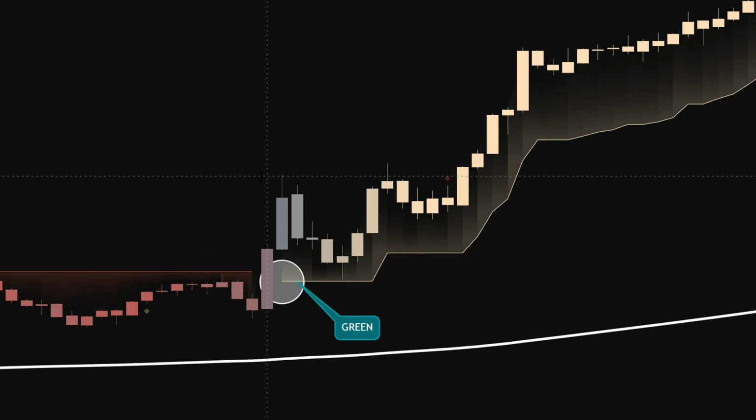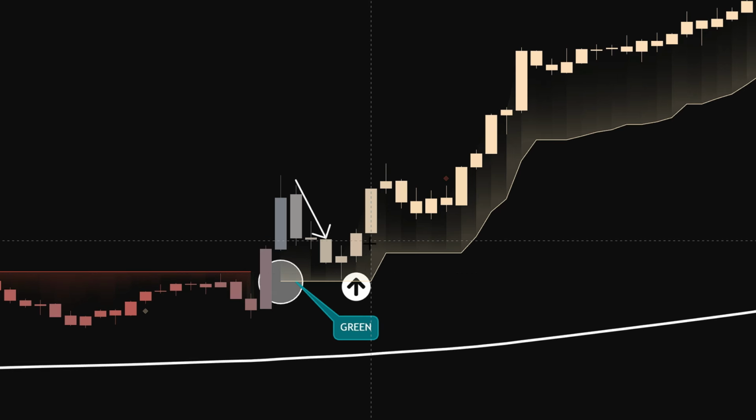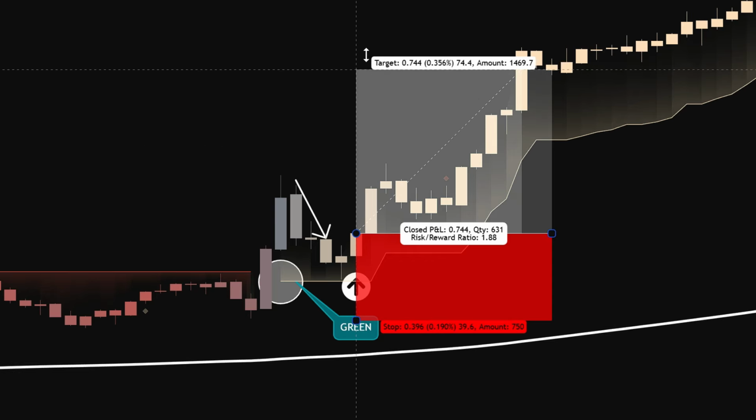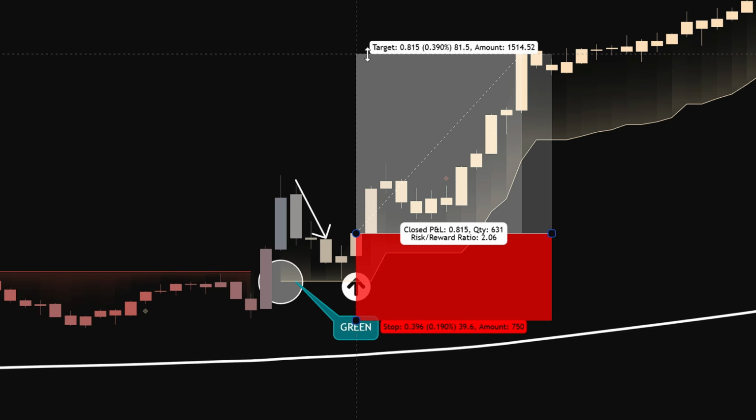A bullish engulfing candle forms into the area. That candle is your buy entry. The stop loss goes slightly below the green super trend ribbon and the target is 2 times the risk. Same rules, same discipline.